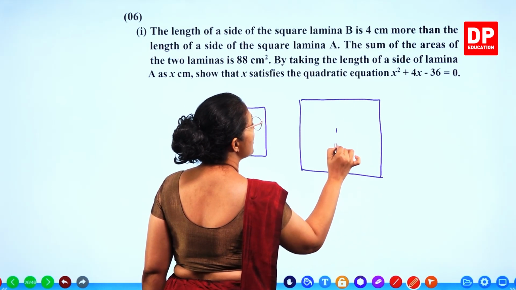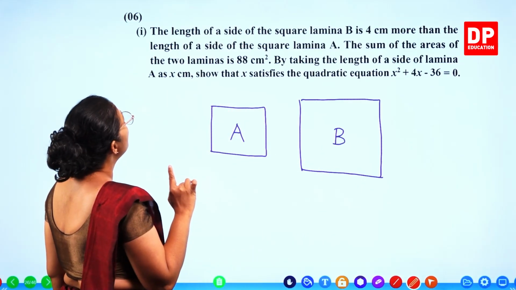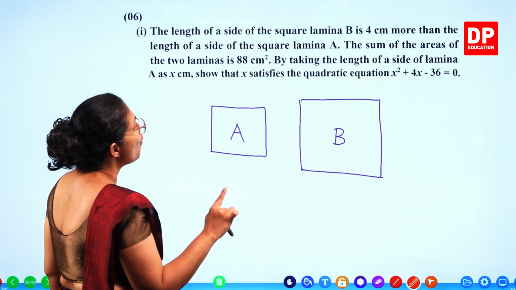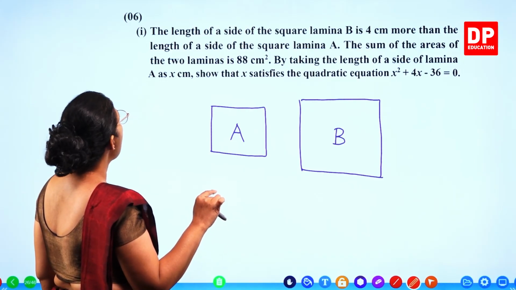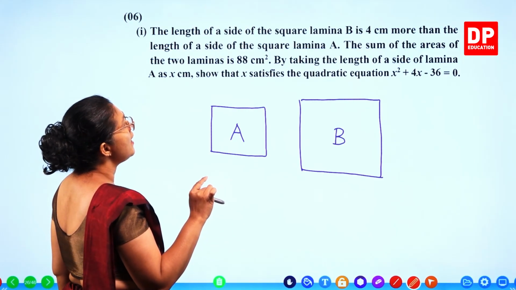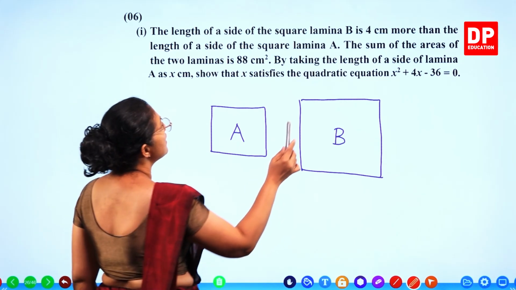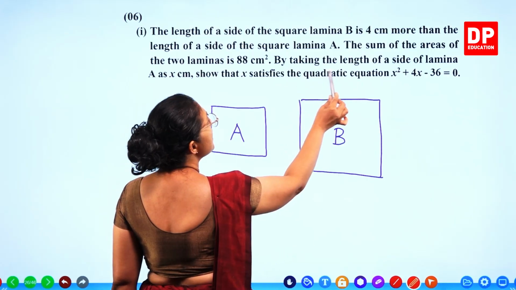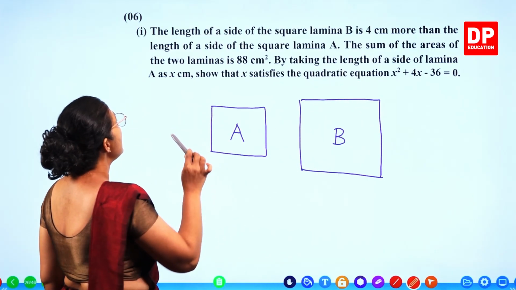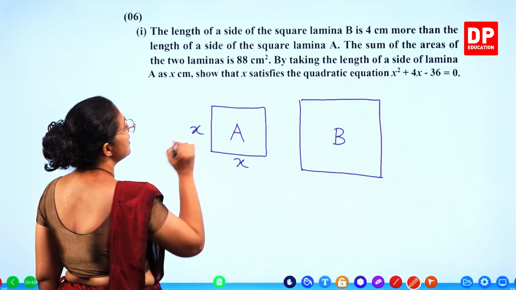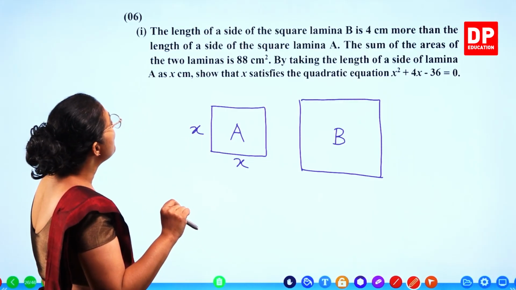So both are squares. The length of the side of the square lamina B is 4 centimeters more than the length of the side of the square lamina A. So you have to take this one by taking the length of the side of lamina A as x. So we can write this is x and x. What about the length of lamina B then?